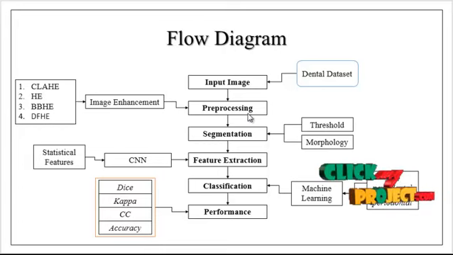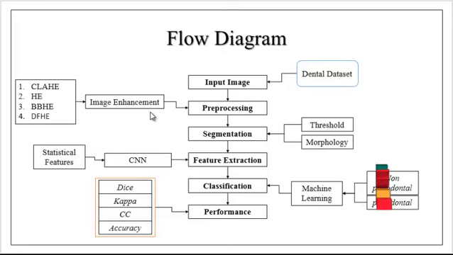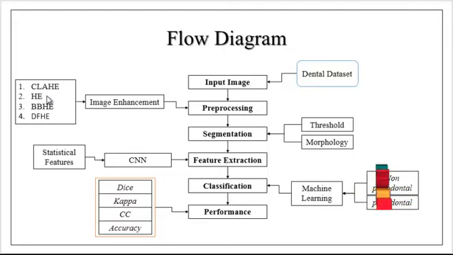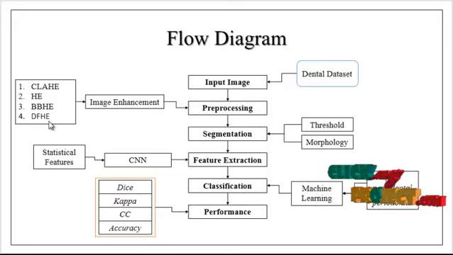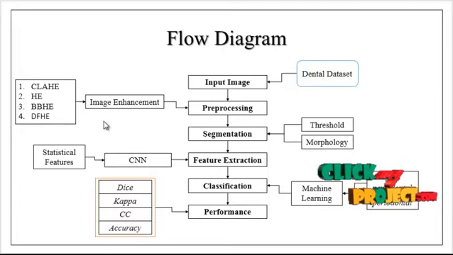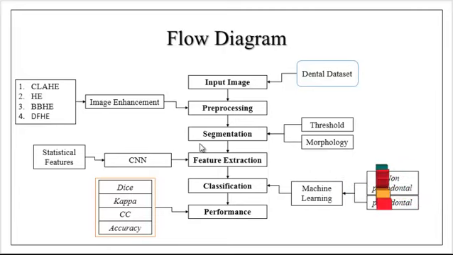In this pre-processing step, we go through image enhancement. In this image enhancement, we have four kinds of methods: the CLAHE method, HE method, BBHE method and DFHE method. By using these four image enhancement methods, we can enhance the quality of the image. After enhancing the quality of the image, we move to the third stage of the project, that is the segmentation.